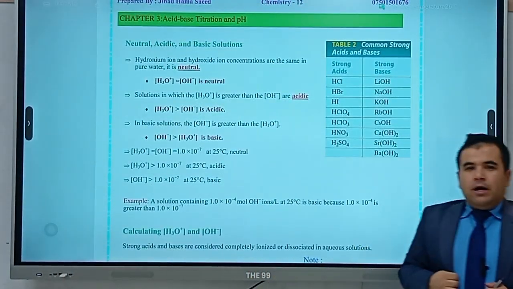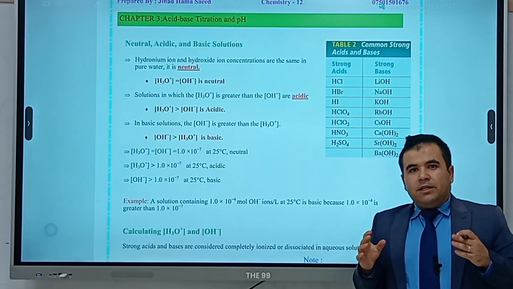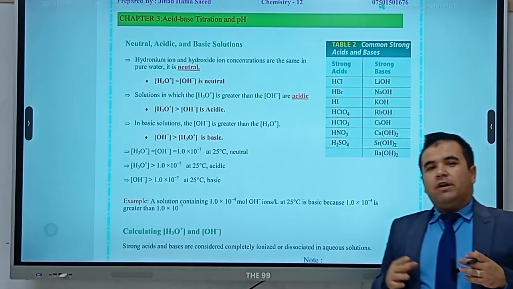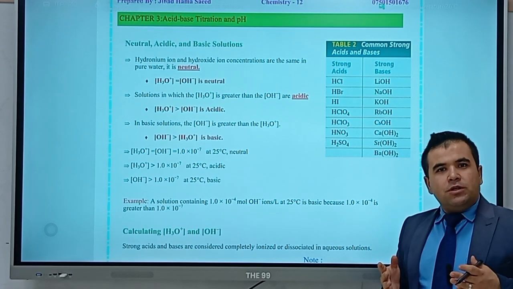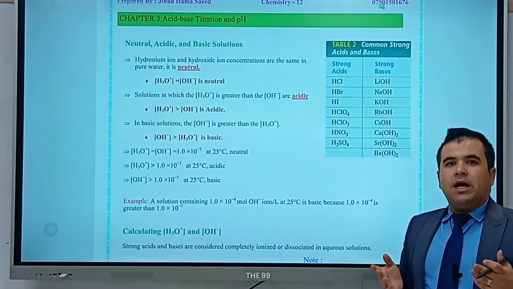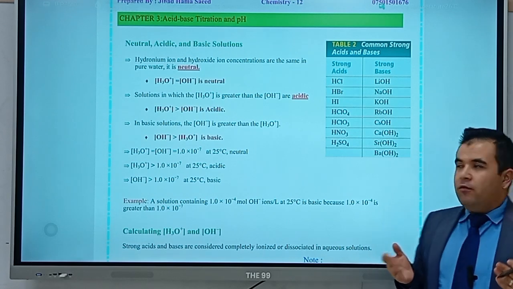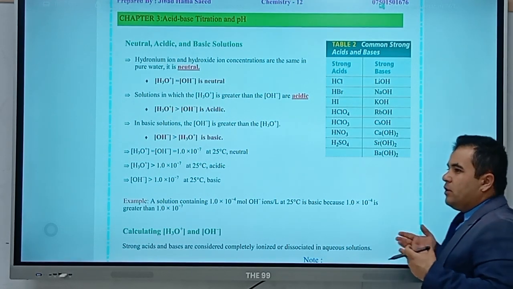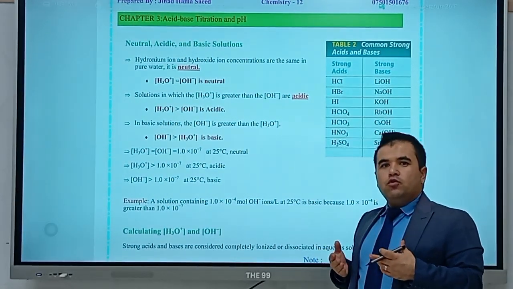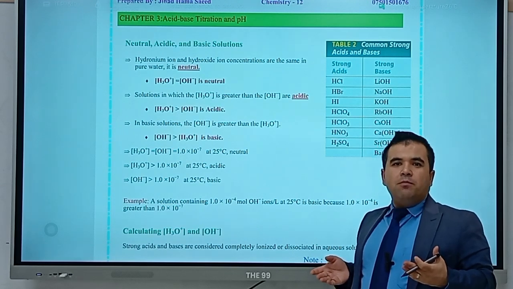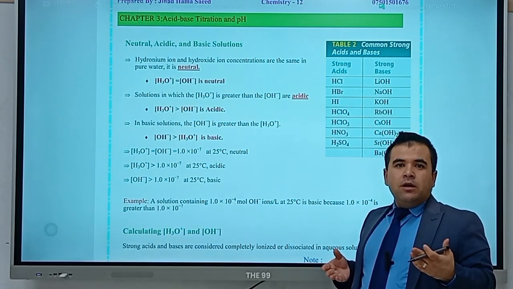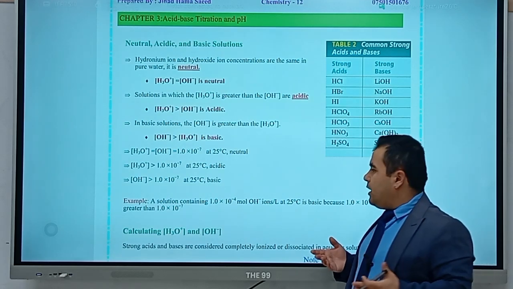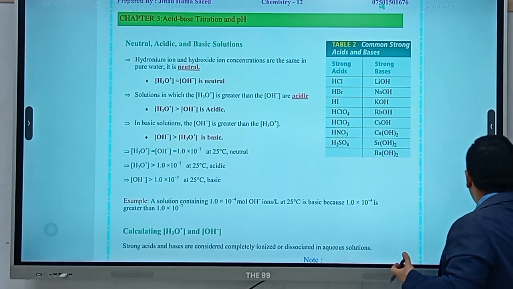In terms of acidity and alkalinity, we have got three types of solutions, guys. The acidic solution, basic solution, and the neutral solution as well. We will be talking about the differences of each of those solutions and how to differentiate between them, because we may be confused by the values of hydronium and hydroxide for the solutions.